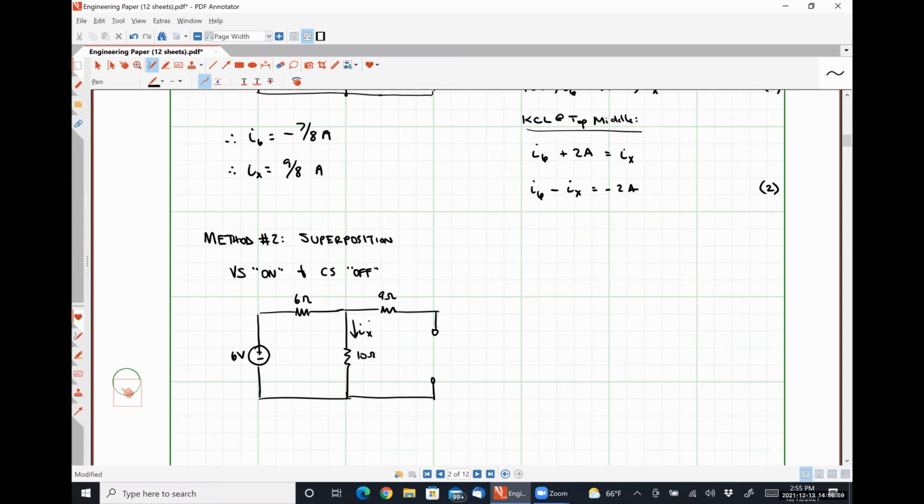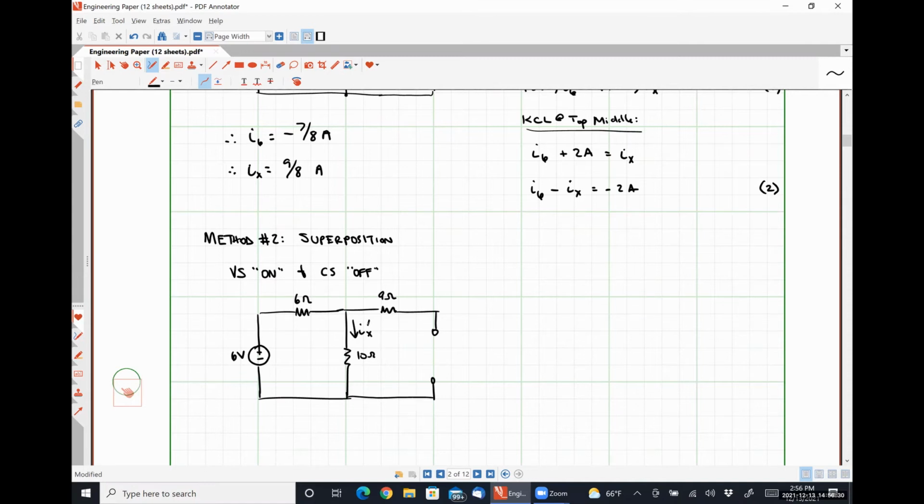I'm going to call this current Ix prime because it represents what's going on in the circuit with only one of the sources on, okay? So let me ask you guys, how would we go about solving for that quantity Ix prime where our current source has been turned off? Faith, do you have any ideas? Exactly right.